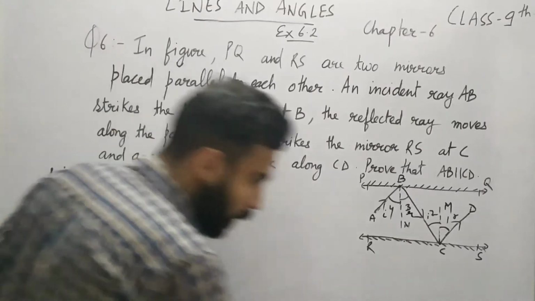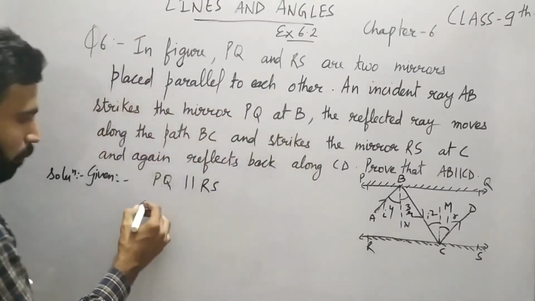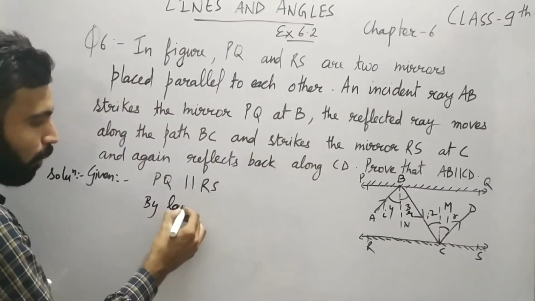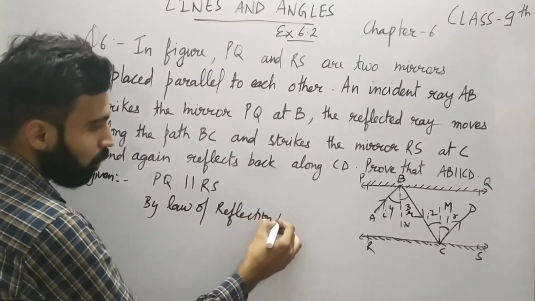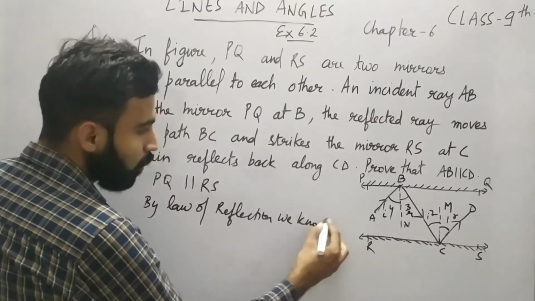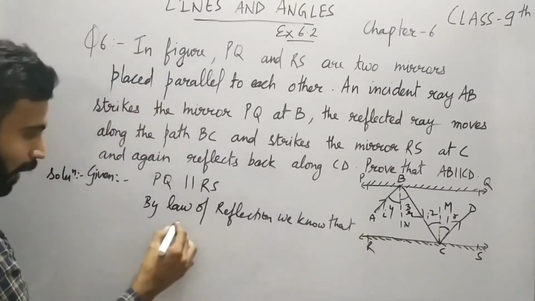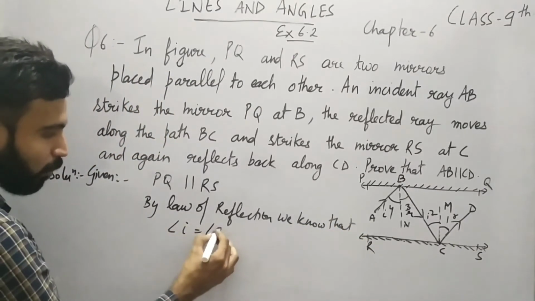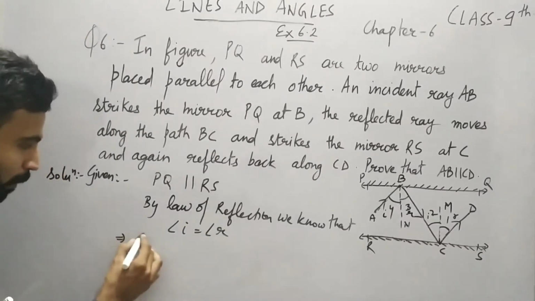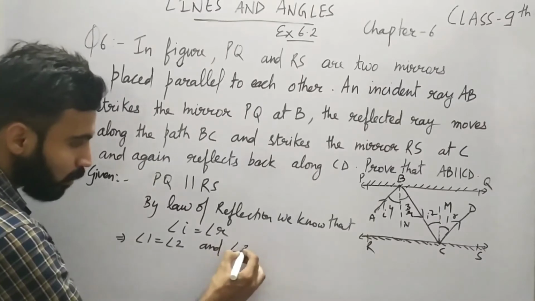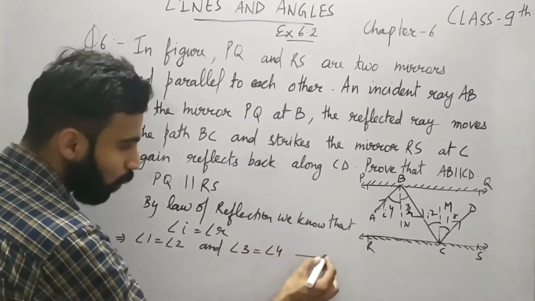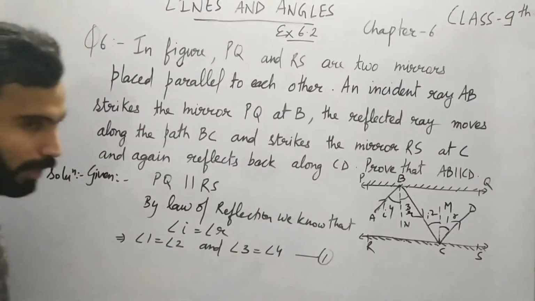The first step I'm going to apply here is, by the law of reflection, we know that the angle of incidence is equal to the angle of reflection. This implies angle 1 is equal to angle 2 and angle 3 is equal to angle 4. Let me give it as the first equation right here.